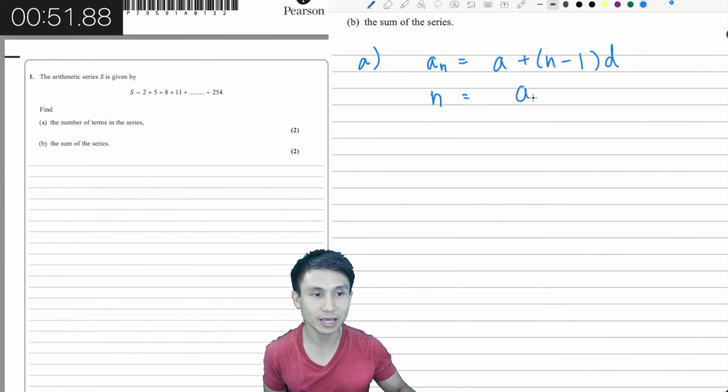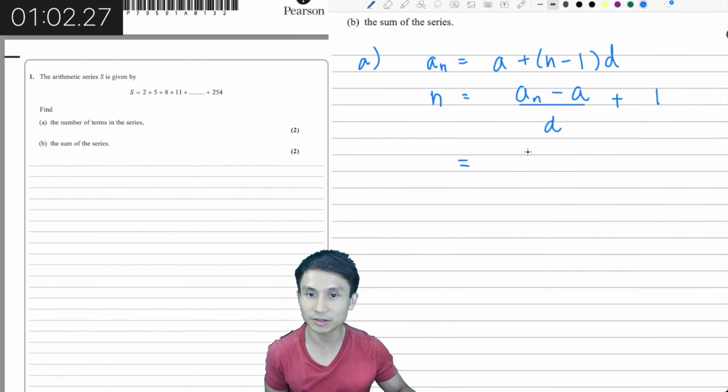So that is an minus a, the last term minus the first term, divided by d, and then plus 1 after that. The last term being 254 minus the first term being 2, divided by the common difference, which is 3, plus 1.